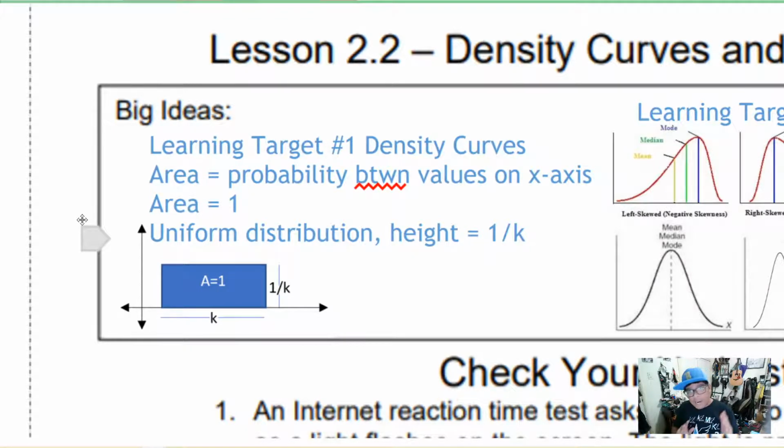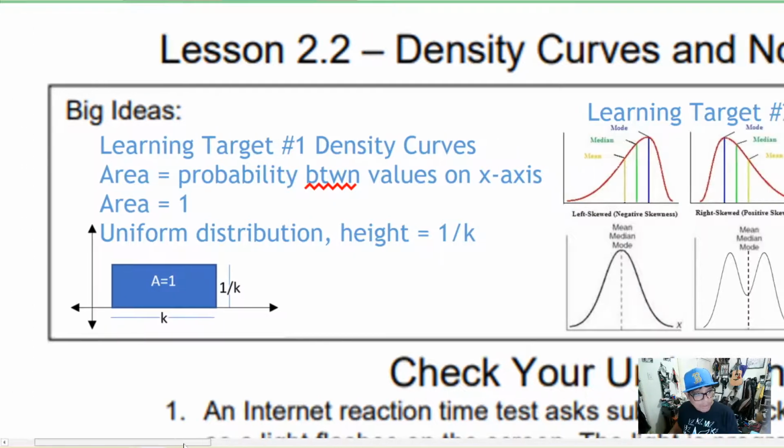The area under the entire density curve, therefore, needs to be 1, or 100%. When you're dealing with a uniform density curve, then if the length of the uniform density curve is k, the height is just going to be 1 divided by k. And that's a mathematical consequence that comes from the fact that the area needs to be 1.